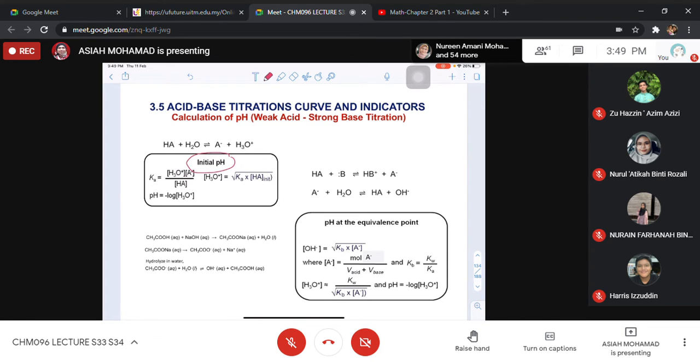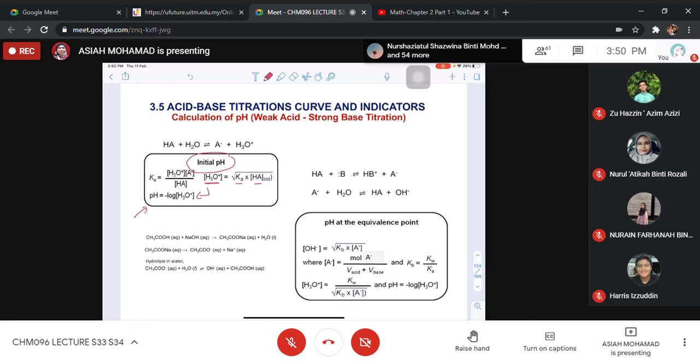To determine the initial pH, you use the same concept as calculating the pH of a weak acid. So H3O+ is equal to square root C times Ka, with Ka for the weak acid and the concentration of that weak acid, you get H3O+, then convert to pH. So suppose there is no issue there.